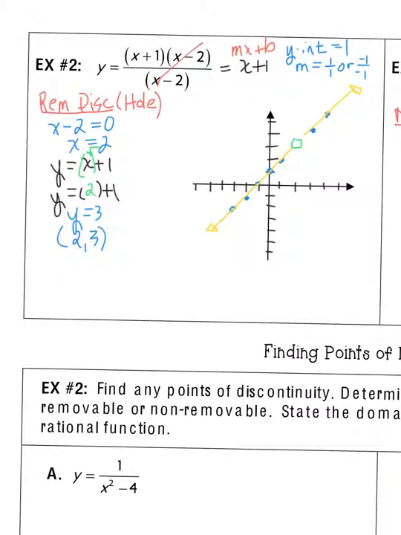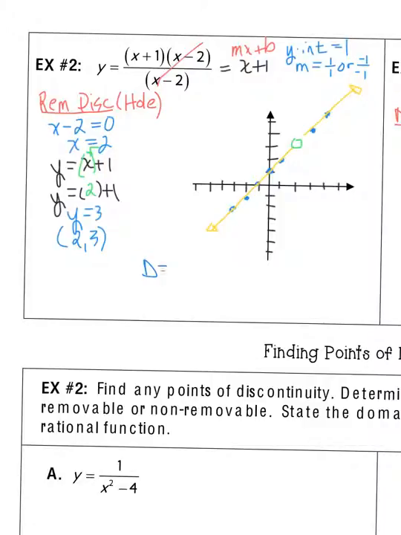So for here, remember you're walking the x-axis, and any time that you reach a hole or a discontinuity, it's going to cause you to jump and go on. Although I don't have anything right along the x-axis, I do have this hole right down here at 2. So as I go from negative infinity, once I reach the x value of 2, I have to jump over that hole.